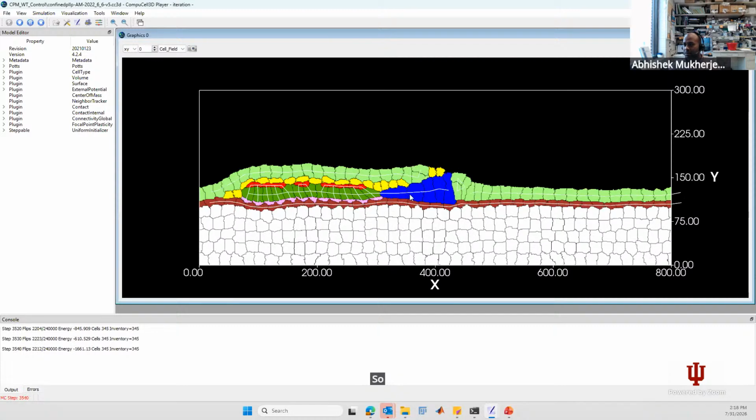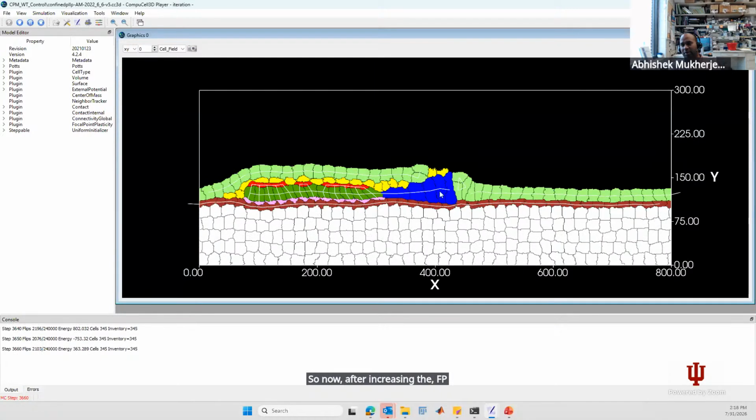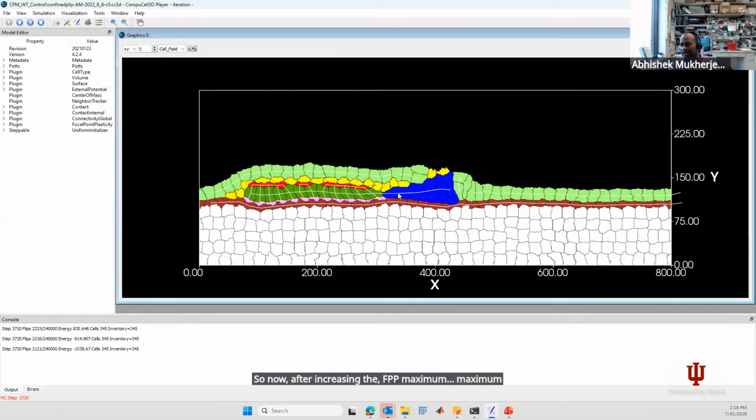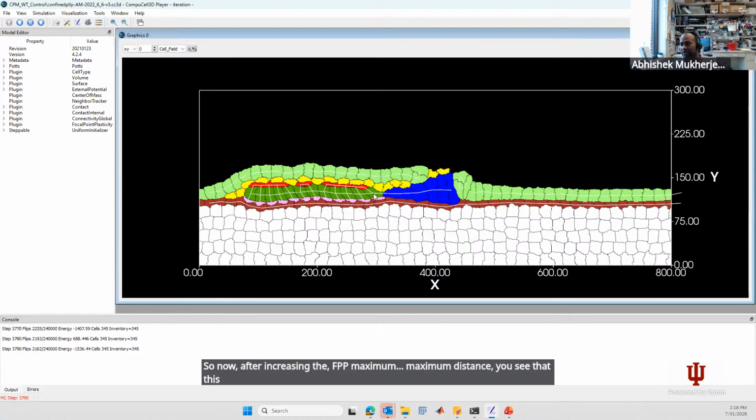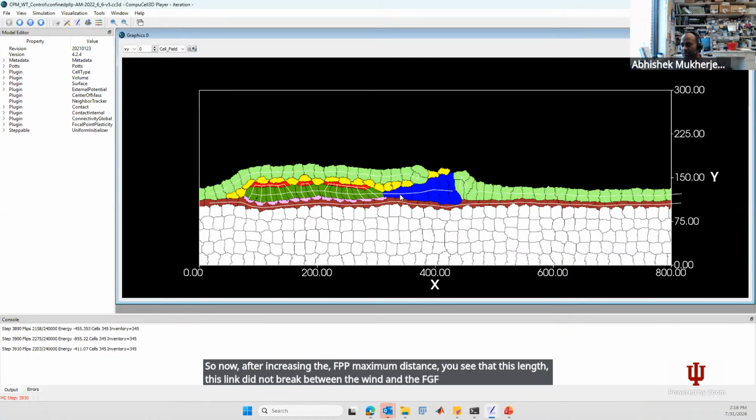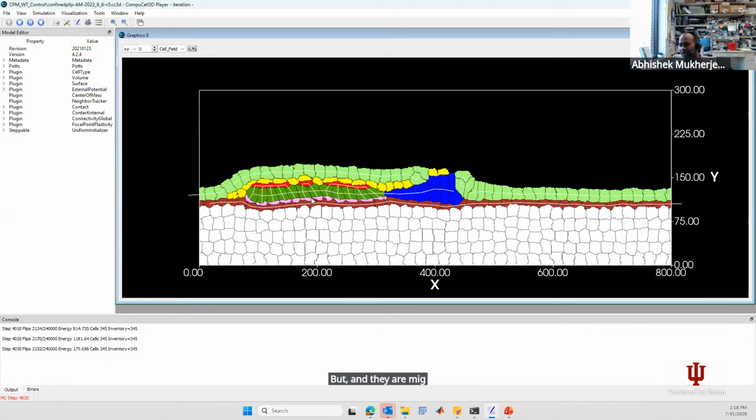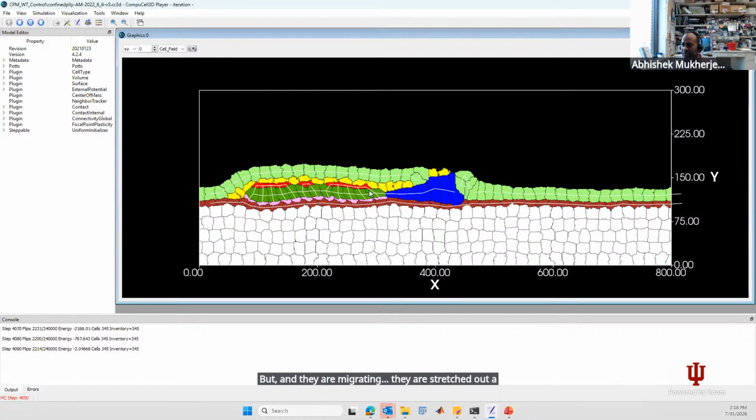So now after increasing the FPP maximum distance, you see that this link did not break between the Wnt and the FGF lat cells. They are stretched out a bit, but they are migrating together.